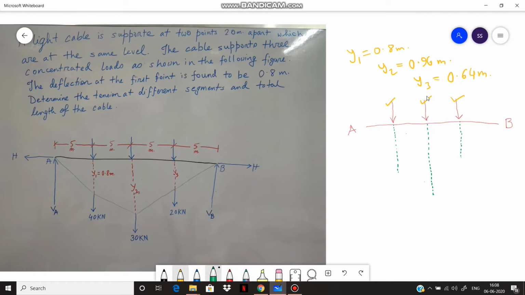So after deflection, the deflection pattern of the cable becomes something like this.